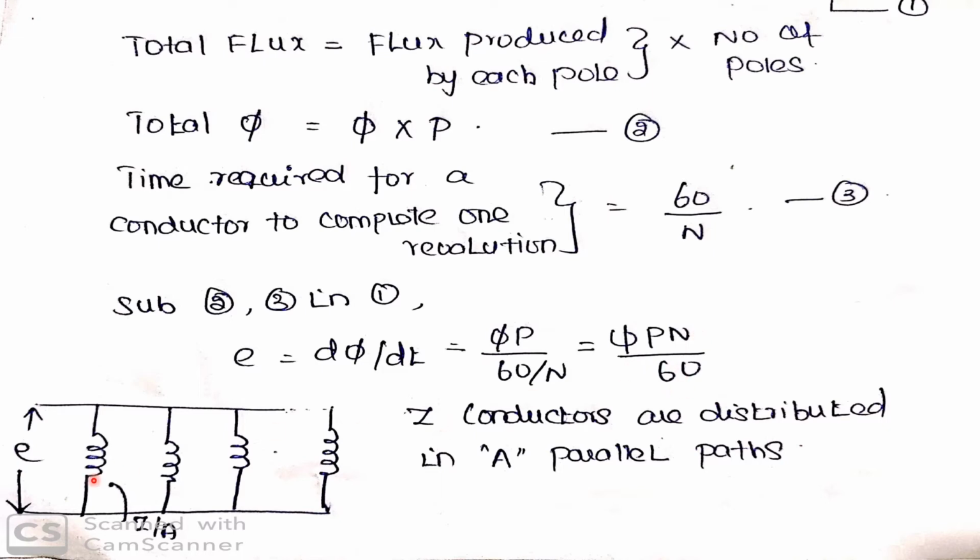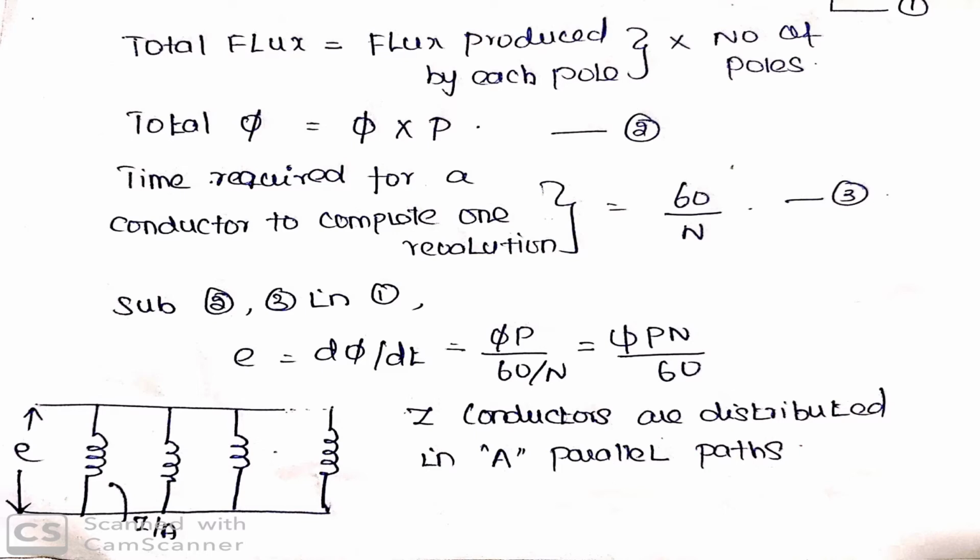So this is the circuit. Here we have multiple coils. Z number of conductors are distributed in A number of parallel paths. There may be multiple conductors, because a single conductor will produce a small amount of EMF. Each conductor has windings.